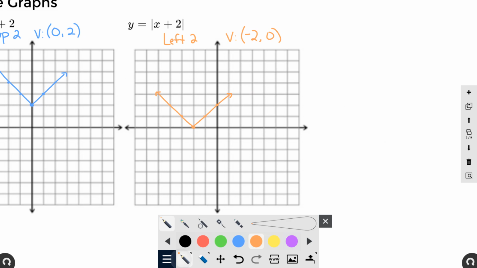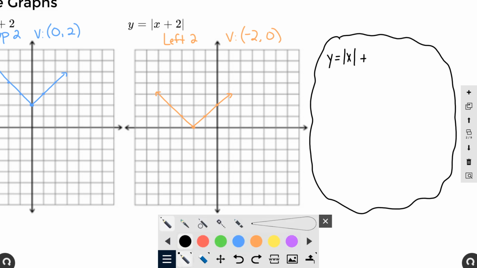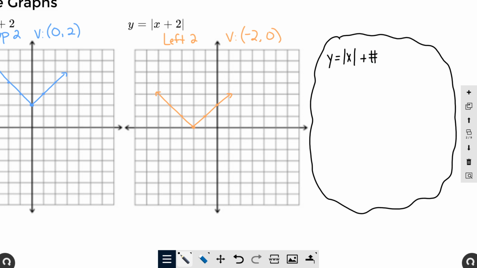So let's make ourselves a little guide over here to the side. We might add a few more things in this guide, so maybe make it a little bit bigger. But if it said y equals the absolute value of x, and then outside the absolute value plus a number, which way does it move?